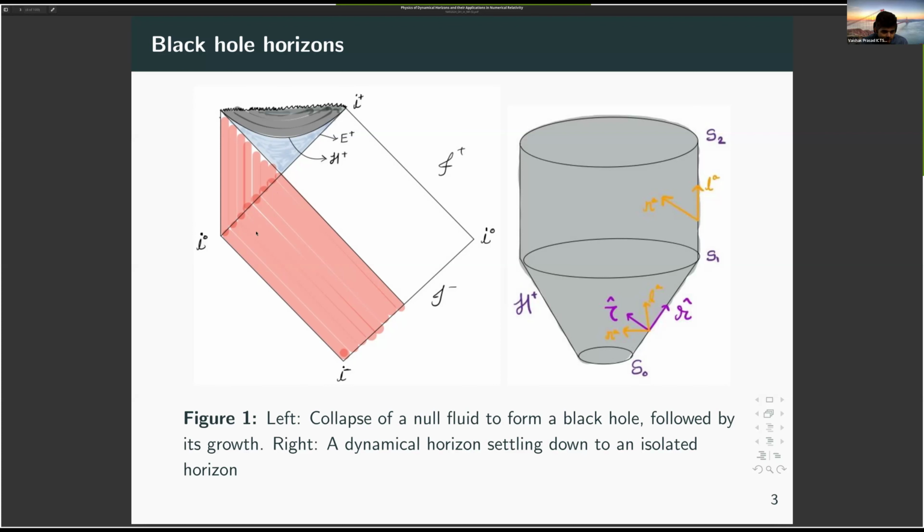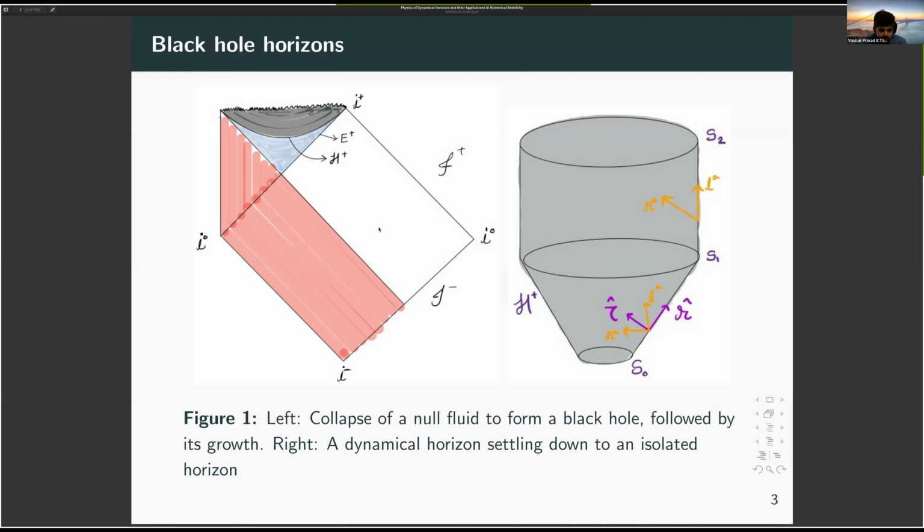The very interesting part in this exercise is that the event horizon would actually extend to regions of spacetime even before the start of the null fluid collapse, which means you could as well be sitting in a region of spacetime which might be engulfed inside a black hole sometime into the future, in anticipation of matter or some kind of energy that might fall in. So there might as well be an event horizon that's developing in this room right now.